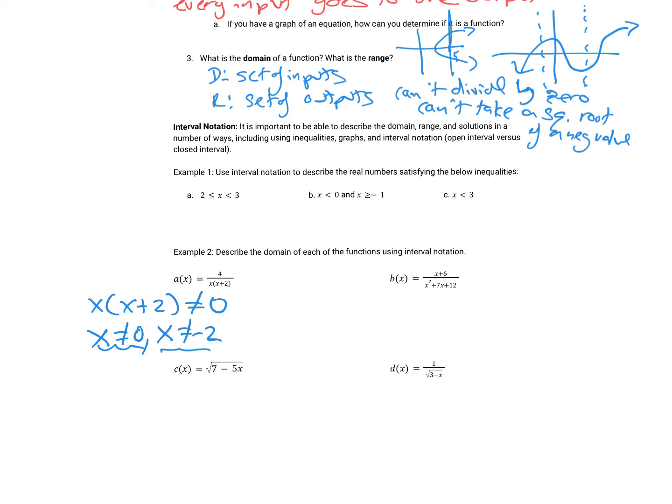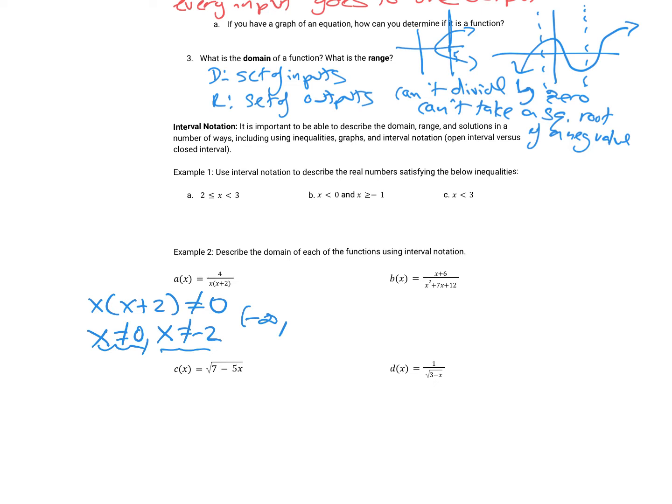Remember with interval notation, we always start with the lowest, which is -infinity. Everything's included until I get to 0. Can't be 0, hence the parentheses, which means excluding. Then it picks up right after 0, and I'm just realizing, -2, everybody, is less than 0, so let's switch that.